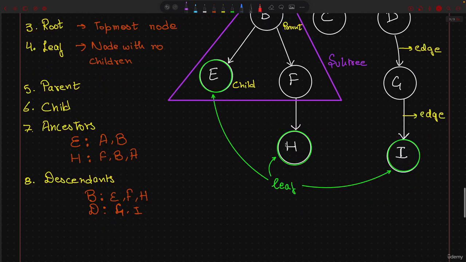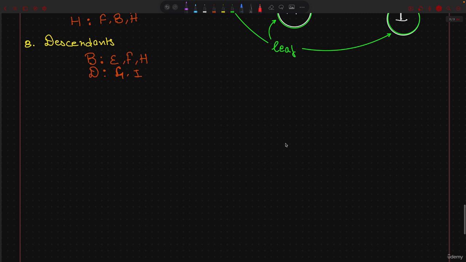I could have taken the H as well, but that should be fine. So I can say and write here subtree, marked in violet. Great, everyone. So the last one can actually be something we call level.